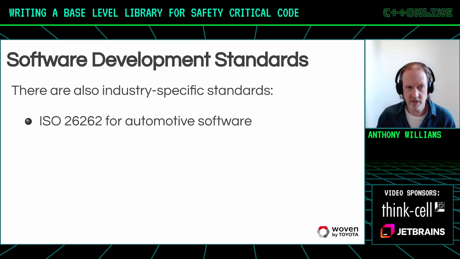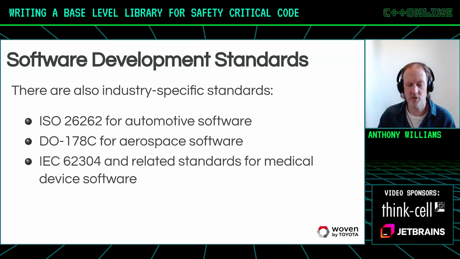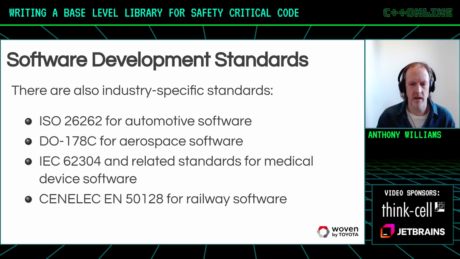For automotive software, we have ISO 26262. For aerospace software, we have DO-178C. For medical device software, there are a few standards centered around IEC 62304. And for railway software, we have CENELEC EN 50128.